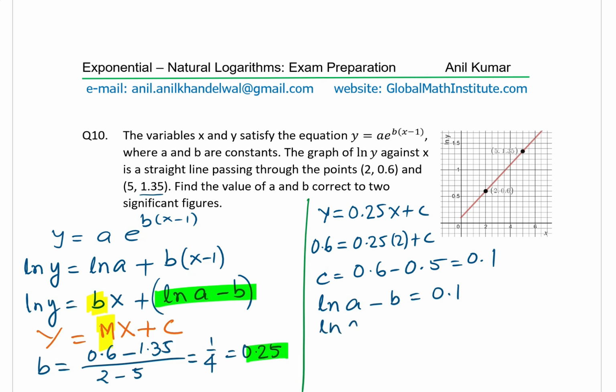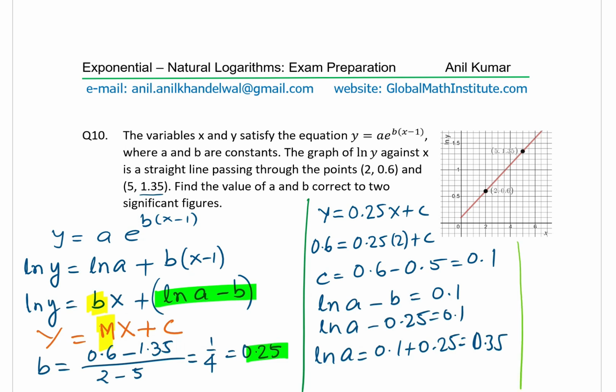So we have ln a minus b equals 0.1. So ln a minus 0.25 equals 0.1. So ln a is equal to 0.1 plus 0.25, which is 0.35. Correct. And so we get the value of a from here. We'll take e to the power of, correct? So a is equal to e to the power of 0.35.